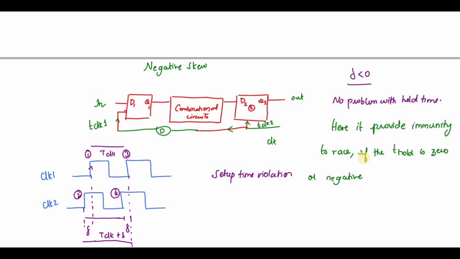Therefore, routing the clock in the opposite direction of the data avoids disasters, but hampers the circuit performance. So we have to ensure that setup time violation should not happen.